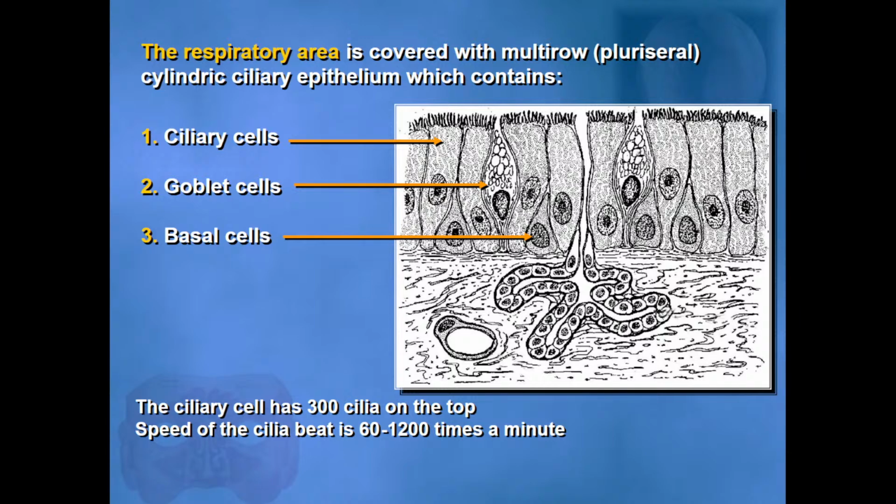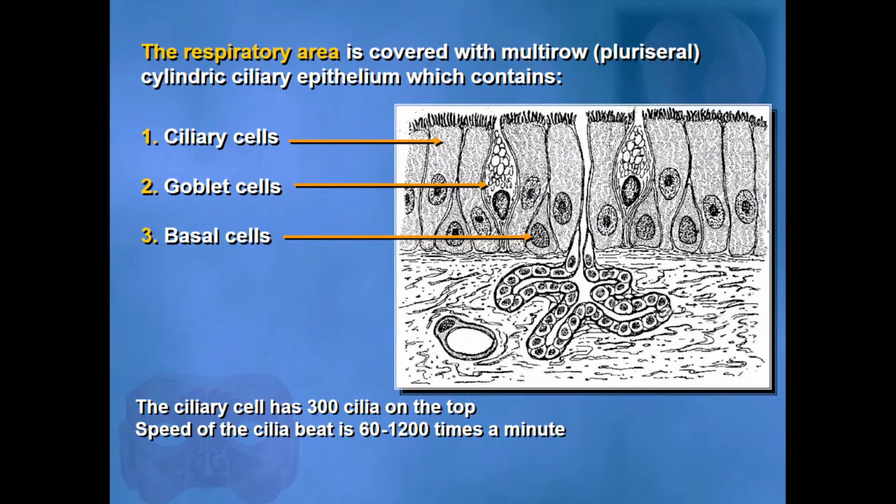Pseudostratified means that there is one level of cells, so all cells are localized on the basal membrane, but the nuclei of cells are localized on different levels.